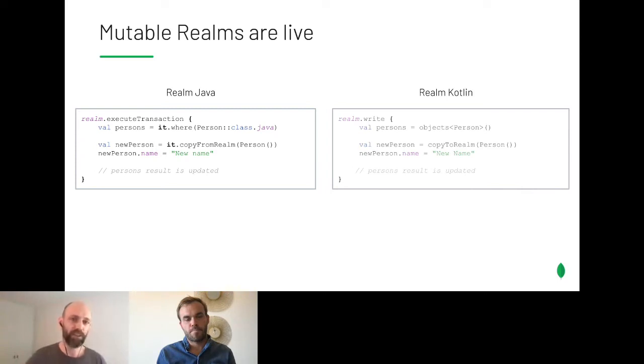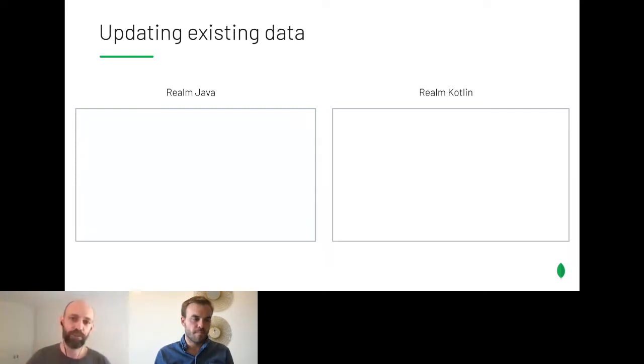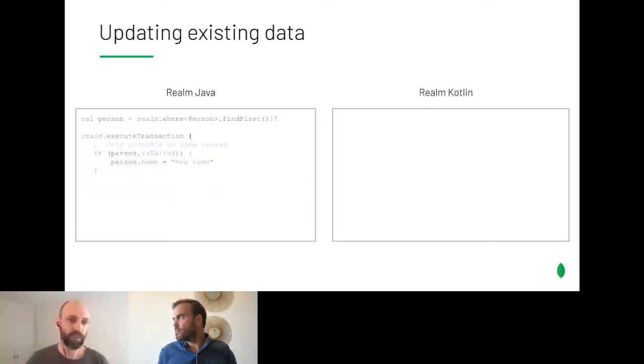The major difference for the transaction block is how to update existing objects when they are now frozen. For both SDKs, we can only do one transaction at a time, and this transaction must be done on the latest version of the realm. Therefore, when updating existing objects, we need to ensure that we have an instance that is tied to the latest version of the object.